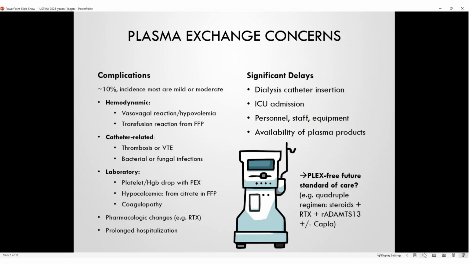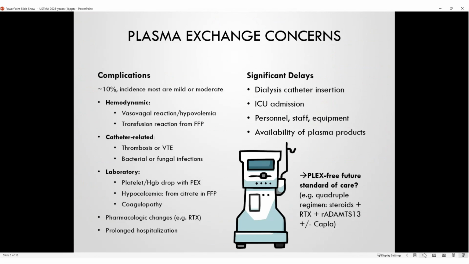So typically at a tertiary referral center, the process of plasma exchange requires the placement of a dialysis catheter, often requires ICU admission in terms of personnel who could place that catheter, requires personnel to be available to initiate the plasma exchange itself, which needs staff and equipment, as well as the availability of plasma products. So that's in terms of access to care.